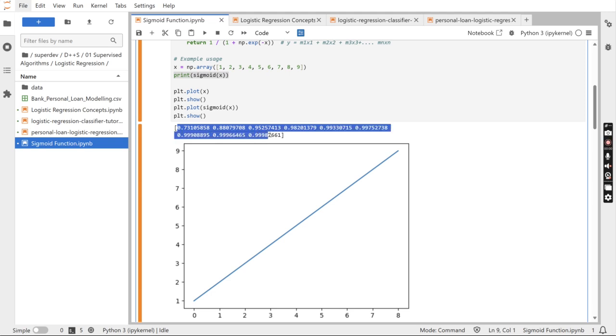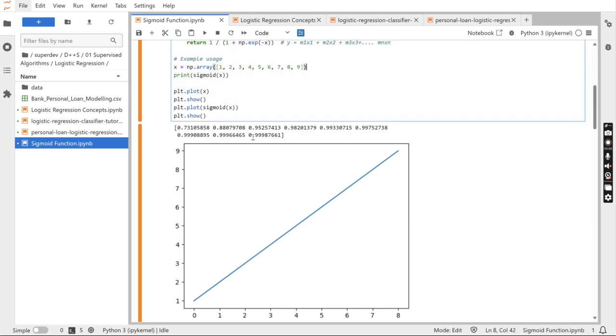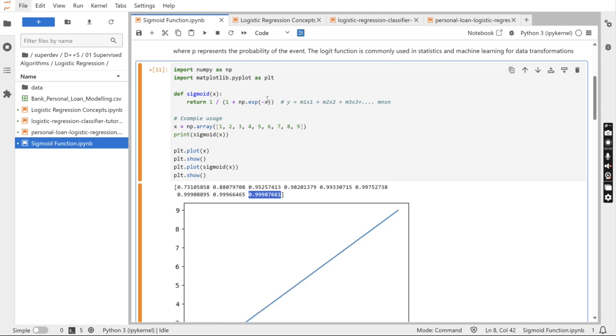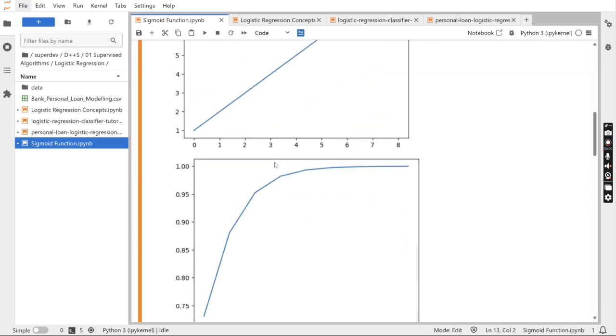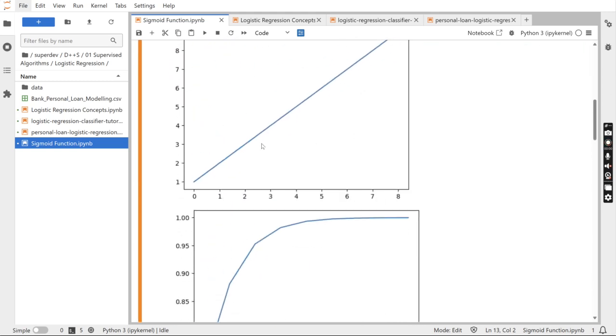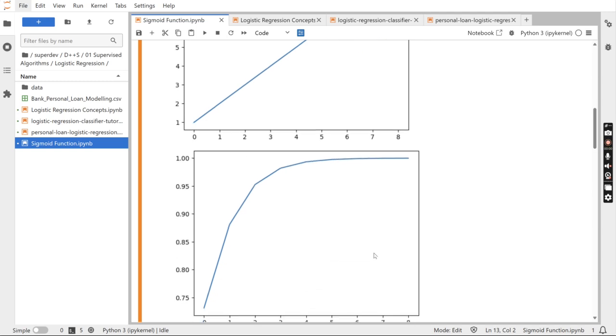So this way it has gone up to 0.99. 9 has become 0.99 from this calculation. But if I plot it, that is where things get interesting. The straight line is getting curved. So essentially your sigmoid function has the ability to take a straight line and curve it.